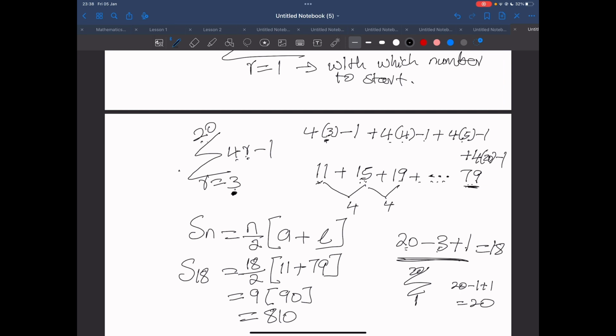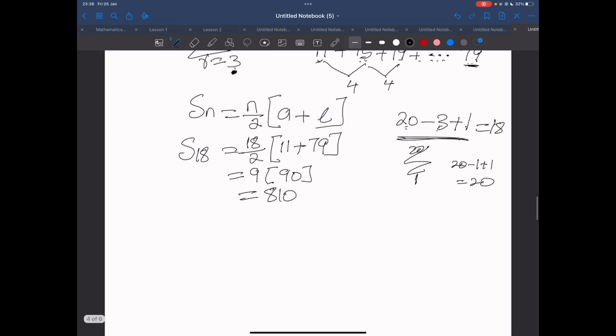Okay, we are now going to take another example involving the use of the sigma notation and the sum n formula. We are just taking an example here.